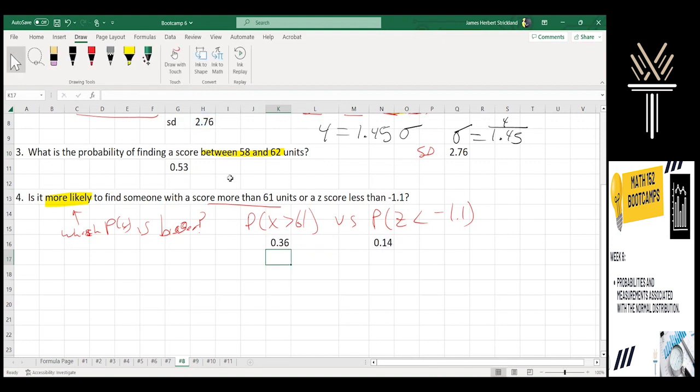Which one's bigger? I hope we agree that 0.36 is bigger than 0.14, so this event is more likely to happen. You're more likely to find something greater than 61 than get a Z-score less than negative 1.1.